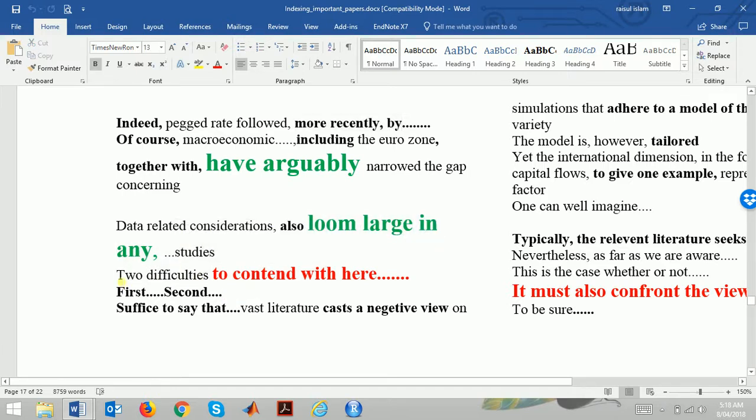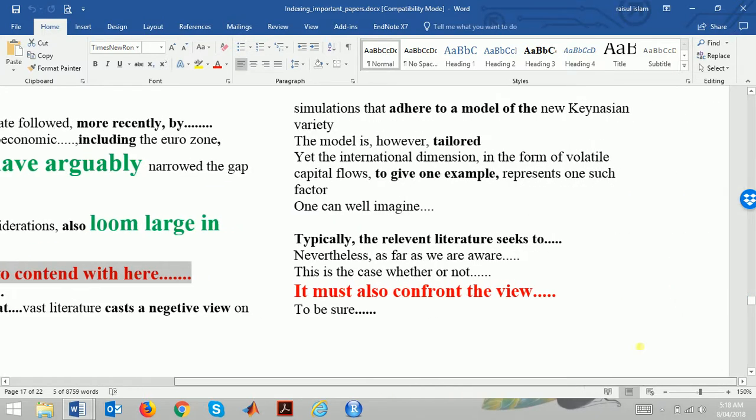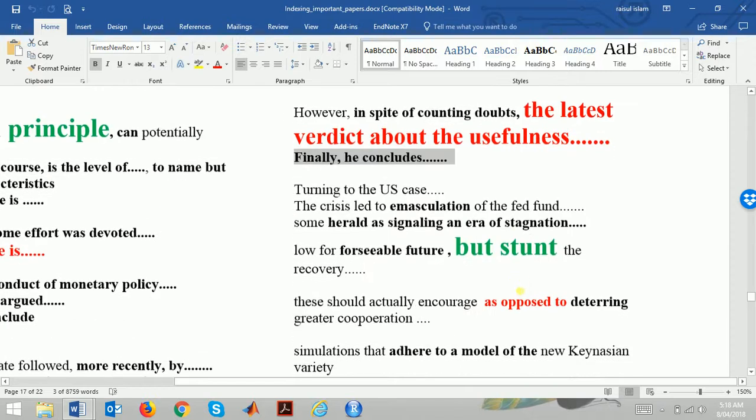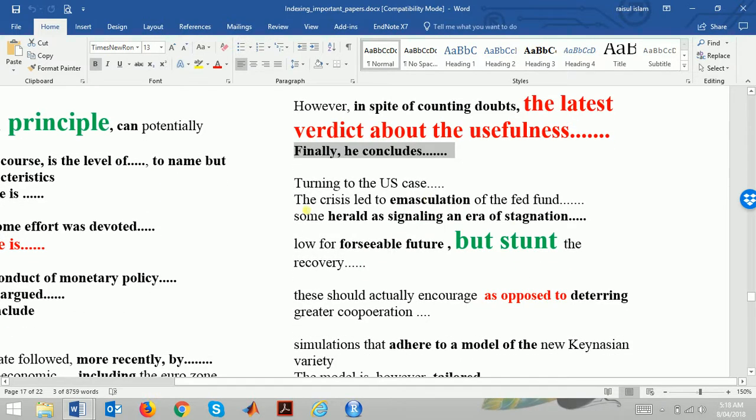There are difficulties to contend with here. First, second, suffice to say that a vast literature casts a negative view. However, in spite of lingering doubts, the latest verdict about the usefulness is, finally, he concludes, turning to the case, the crisis led to the emasculation of the federal funds rate.